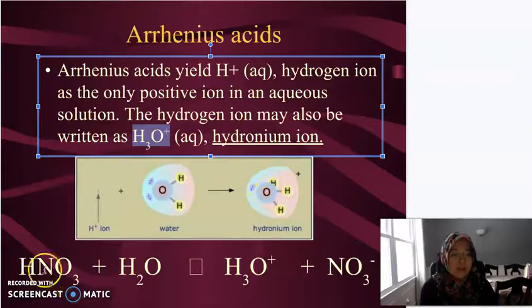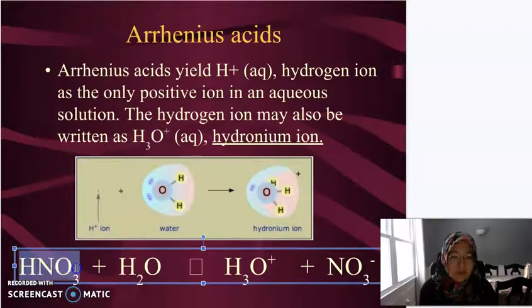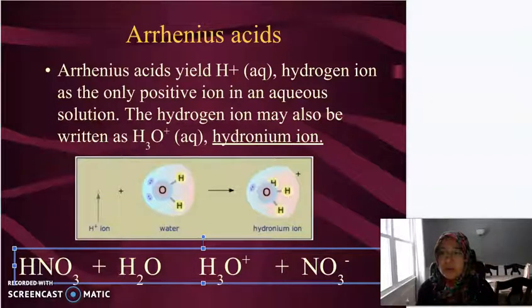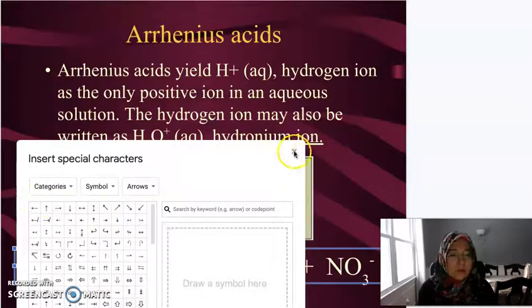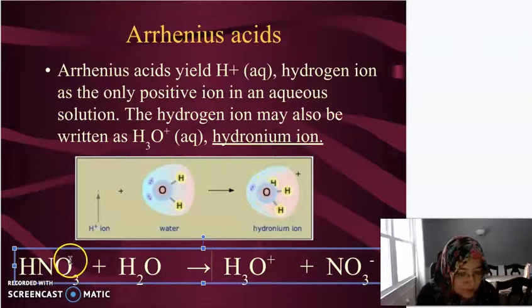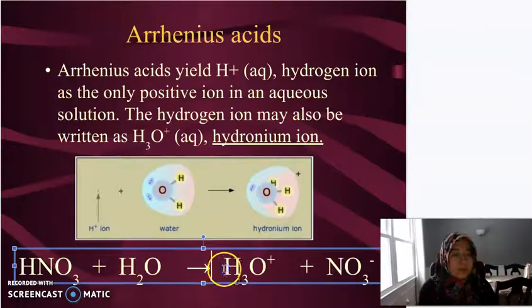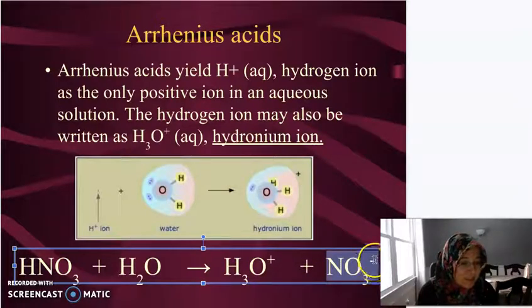Okay, so that is nitric acid. Nitric acids are in apple vinegar, for example. If you mix this nitric acid with water, it is going to form hydronium ion and nitrite ion.